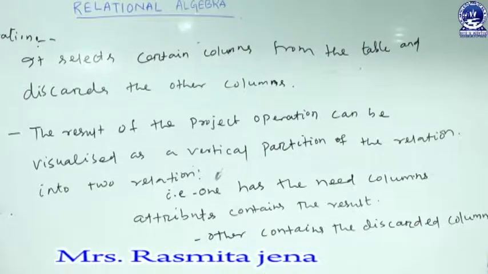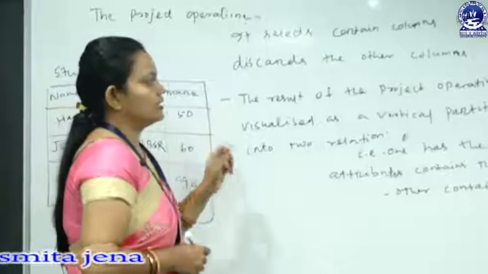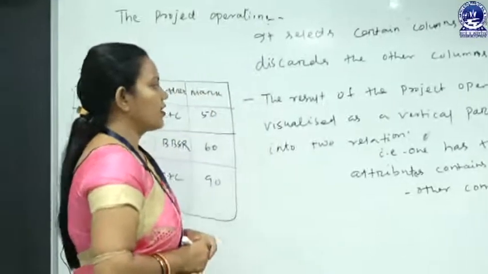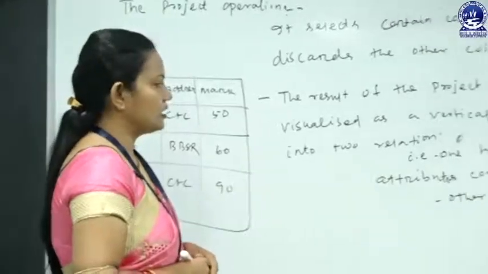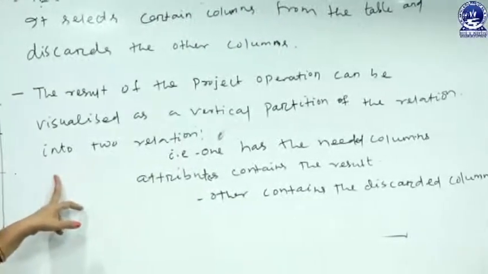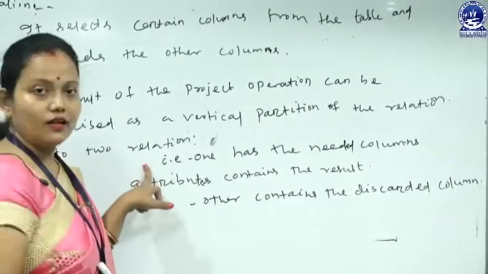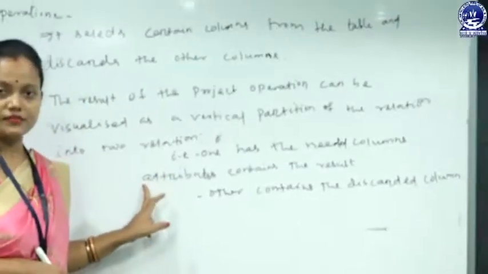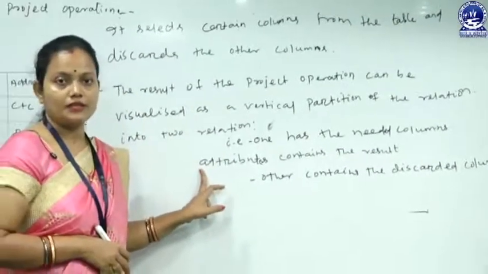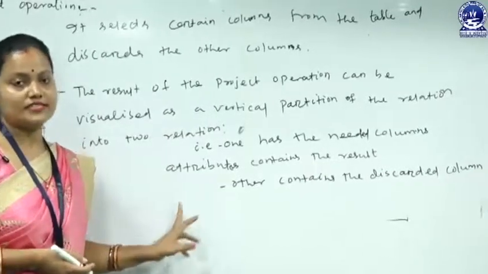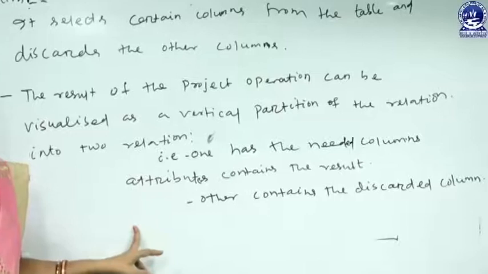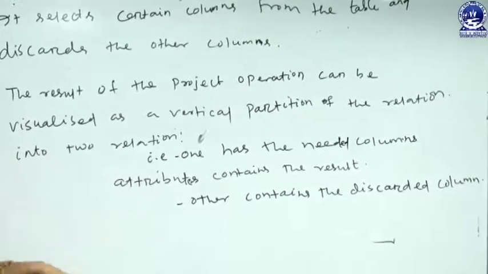The result of the project operation can be visualized as a vertical partition of the relation into two relations: one has the needed columns which contain the result of the operation, and the second one is the discarded columns. Let us see the syntax of the project operation and one example.